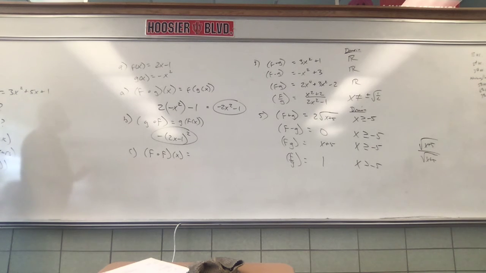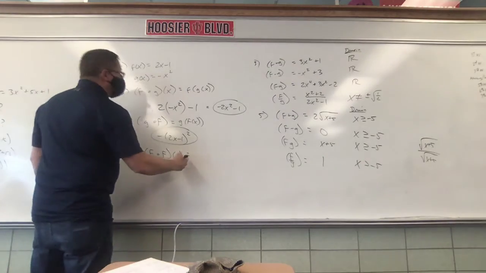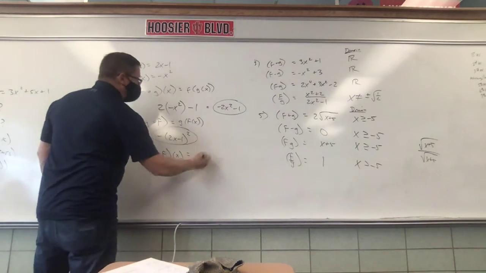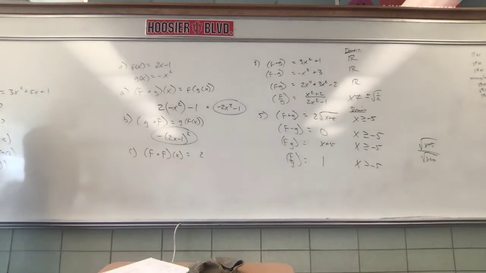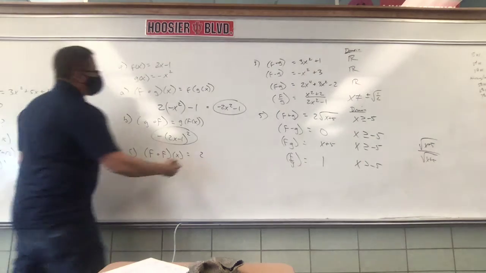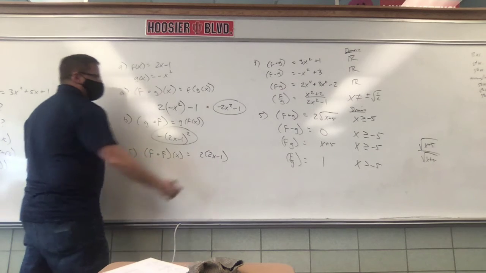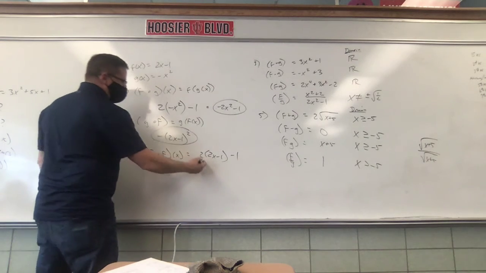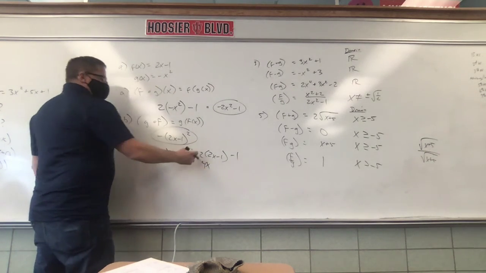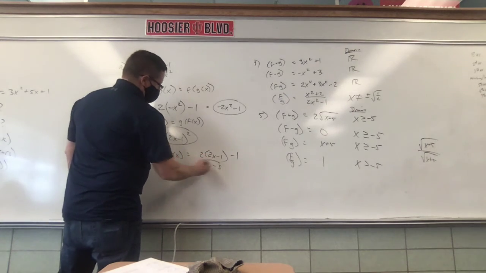What's the first thing I'm going to write? 2. Oh, I see an x. What do I plug in for x? In parentheses, 2x minus 1. Keep writing that f function. Minus 1. Clean that up. 4x. 2 times negative 1 is negative 2. Minus 1 more is negative 3.